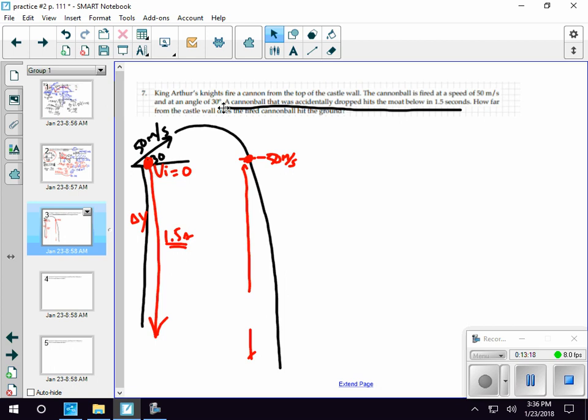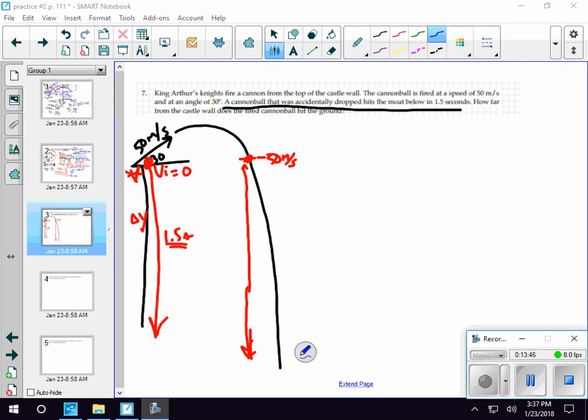So this is going to be hustling. This drop for this second half here is going to be less than 1.5 seconds. I don't know how much it is, but it's not 1.5, because that would be if it had no velocity to start with. So I'm going to work with this information first, and I'm going to figure out how tall the castle is, because that's going to help me. The height is going to be the same on this side.